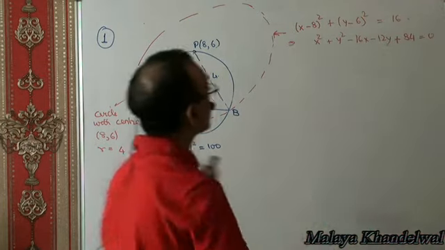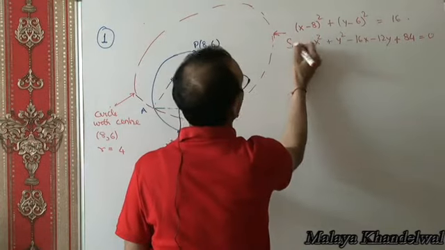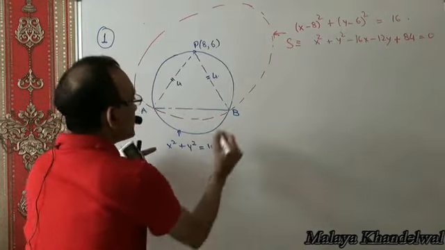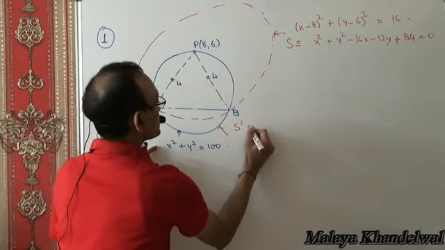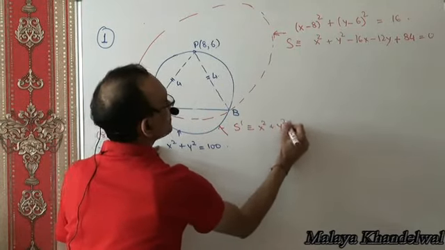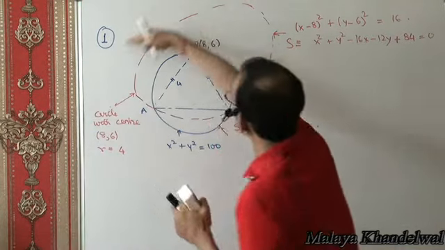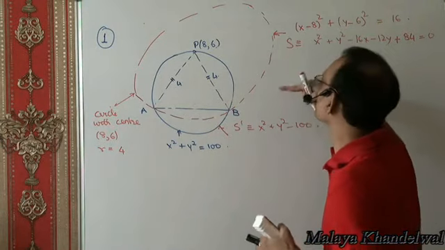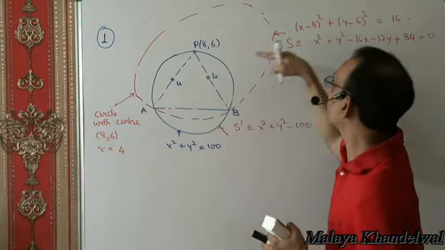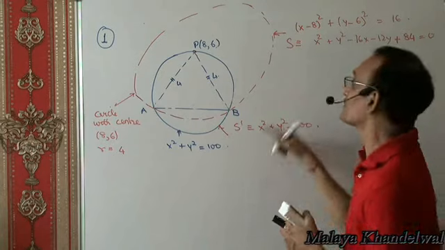That is the equation of the circle, right? Let me call it S equal to this. And this circle, the blue circle, is S prime, which is x squared plus y squared minus 100 equal to 0. I know this circle and I know this circle, and AB is the common chord of the two circles.